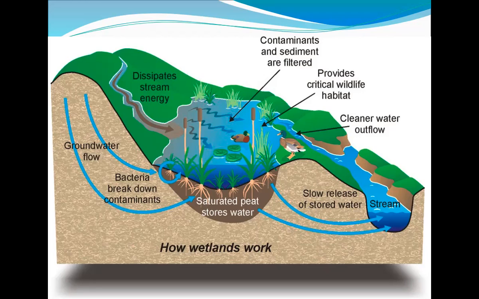And then it goes here. And then this is where the contaminants and sediment are filtered, okay? It also provides critical wildlife habitat. And then once this runs through here, this is where the cleaner water will flow out, okay, back into another stream.